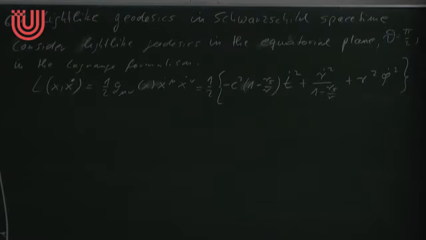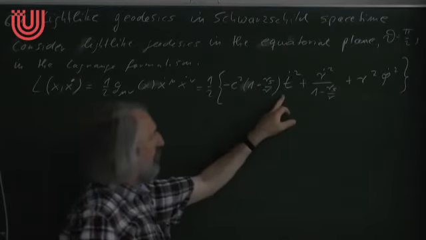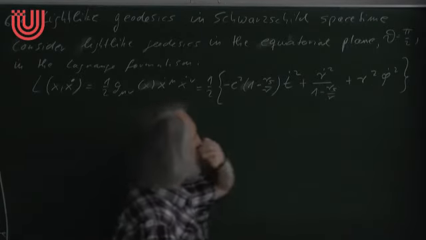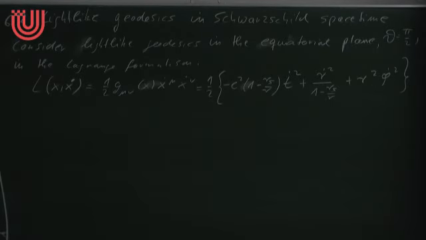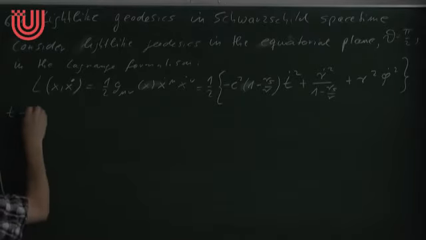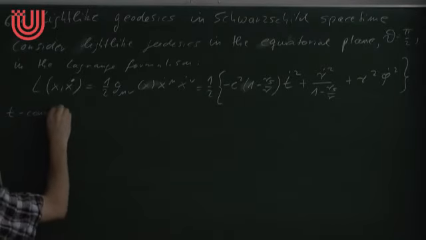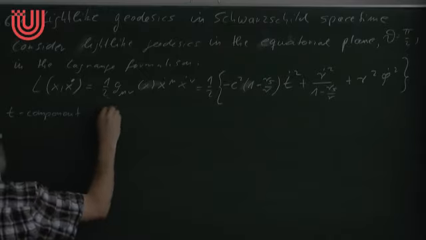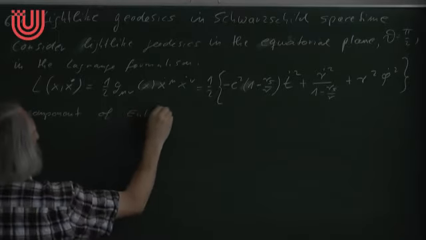So we have 3 Euler-Lagrange equations, the t component, the r component, and the phi component. Actually, I will write down only the t component and the phi component, because I will not need the r component in order to determine the path of the light rays. So let's consider the t component of the Euler-Lagrange equation.